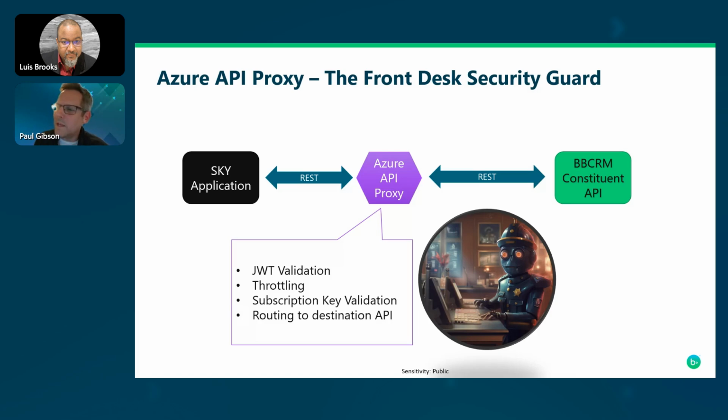And then the main thing it does really is routing. So I talked about in the URL, there were 3 different route segments. Well, those are very important keys because those help us route to the exact backend system. So Blackbaud's estate is pretty broad. We have lots of products in the skyAPI ecosystem built on different technologies, deployed in different places.